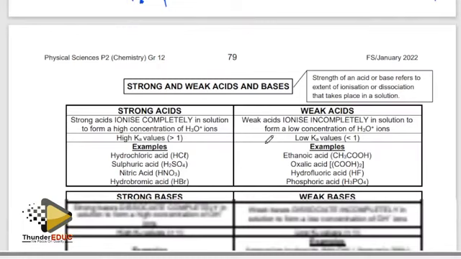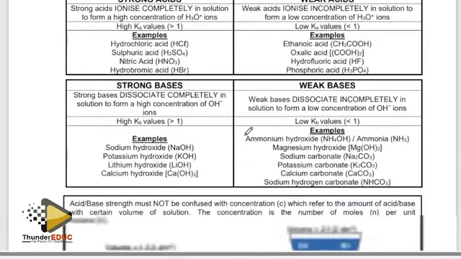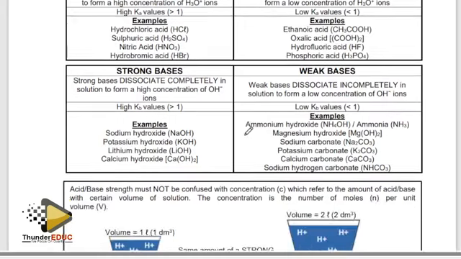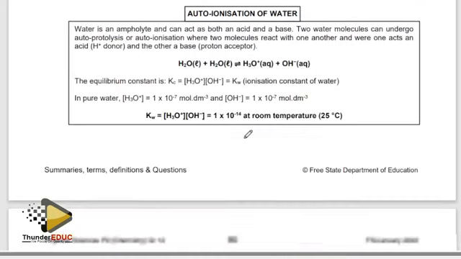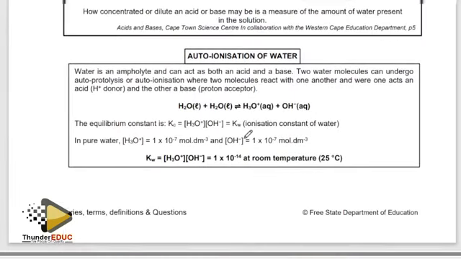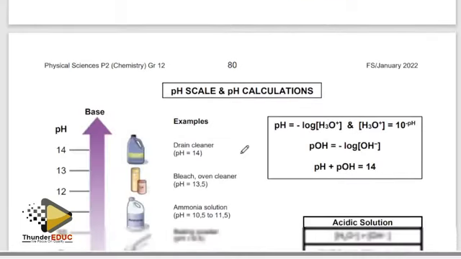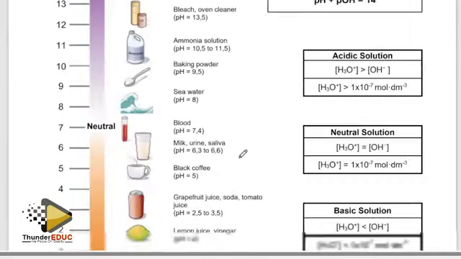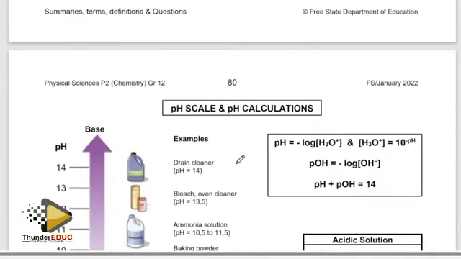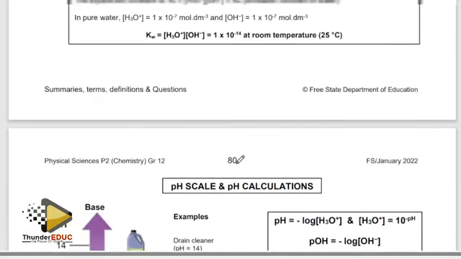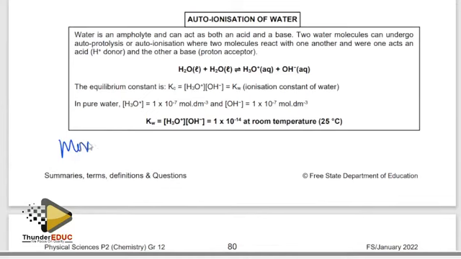Yes. Then what is an acid? We have three types of acid: a monoprotic acid, a diprotic acid, and a triprotic acid. Monoprotic means an acid which can produce one hydrogen ion, like nitric acid.